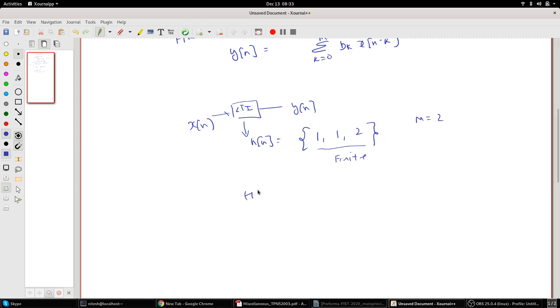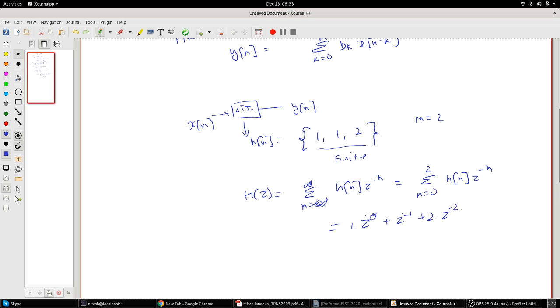Okay, so what will be h of z? H of z is given as summation n equal to minus infinity to infinity, h of n z raised to minus n. But here it exists for n equal to 0 to 2. So this becomes 1 into z raised to minus 0 plus 1 into z raised to minus 1 plus 2 into z raised to minus 2.